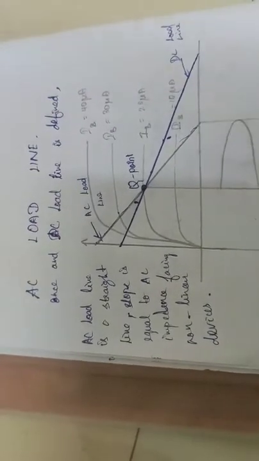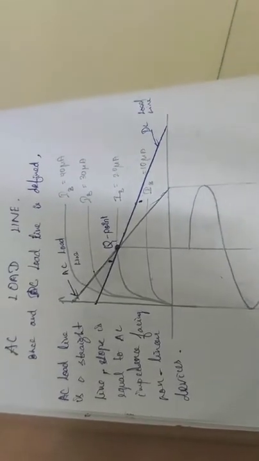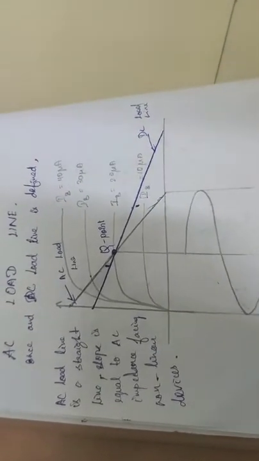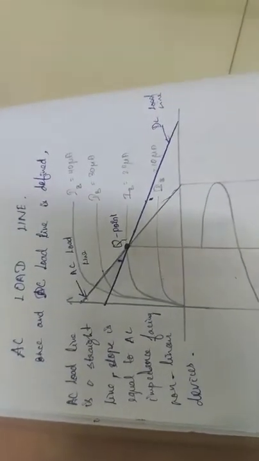Why? Because the AC load line and DC load line intersect at the Q point, but they do not have the same load. Note this point, they both have different loads.